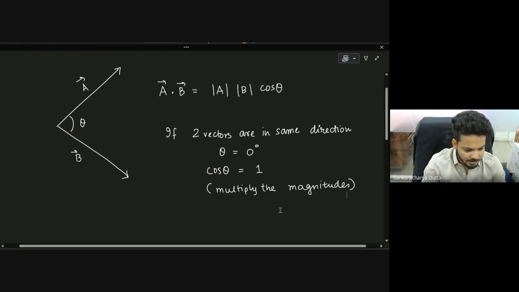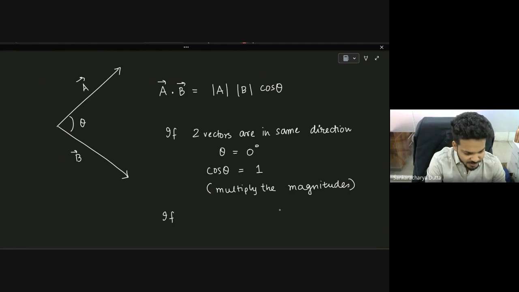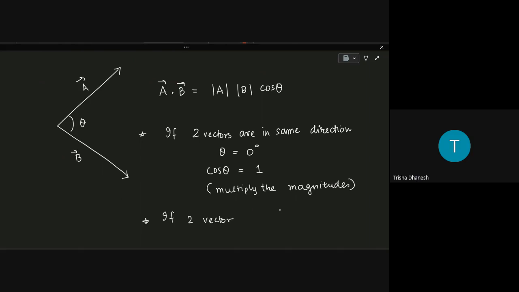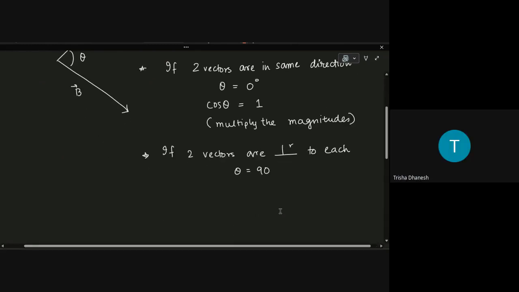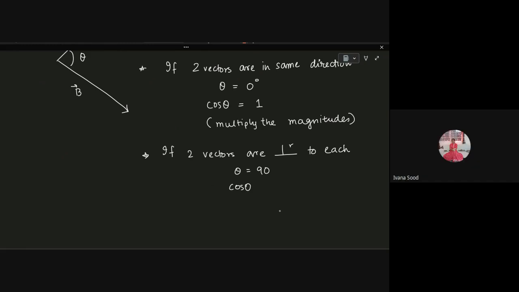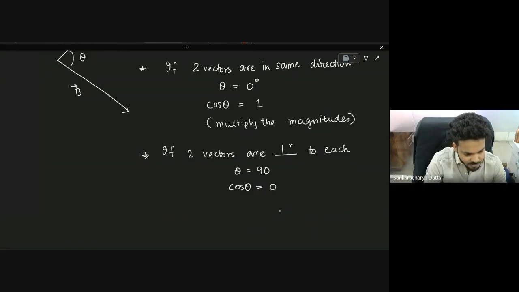What about the next part? I think you can guess. If two vectors are perpendicular to each other, tell me how much is theta? 90. How much is cos theta? 0. So that means A dot B will always be equal to 0.